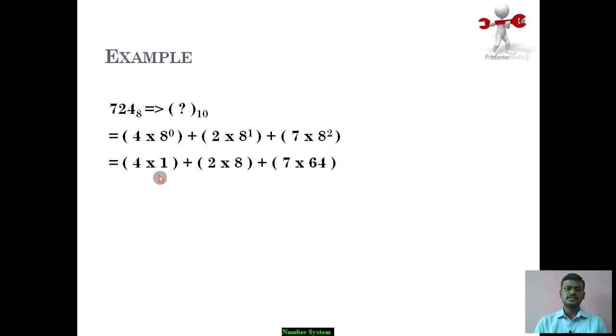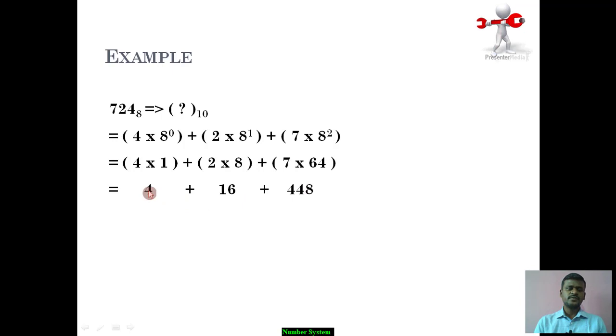Now in the next step we multiply these values: 4 into 1 is 4, 2 into 8 is 16, and 7 into 64 is 448.